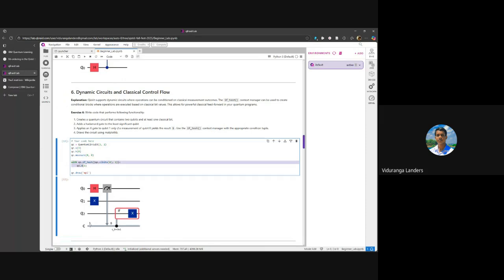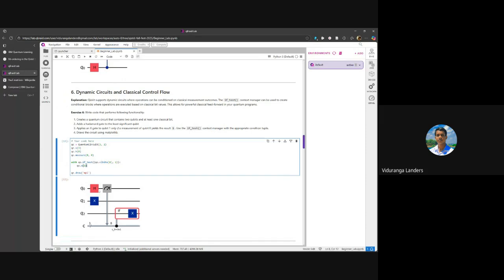Okay, now this is the part that we want to talk about in classical control flow. What this does is have a classical if condition embedded into the quantum circuit. Since I measured it here, the state has collapsed, but only for this qubit, right?